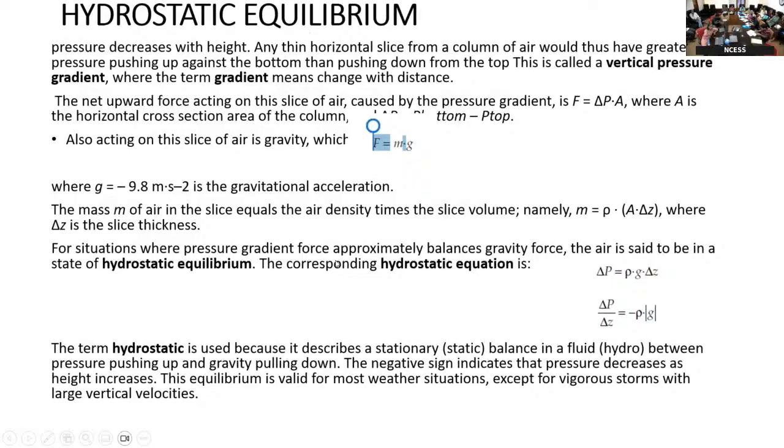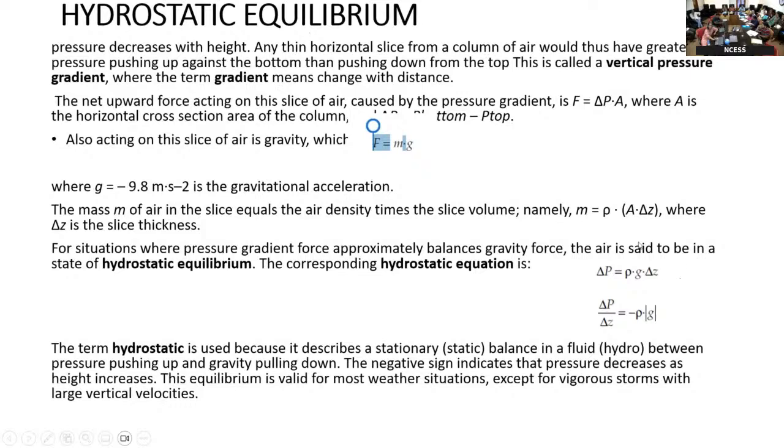If we consider a thin slice of air at a height, with the thickness of that air slice as delta z, then we can see the change in pressure, or the gradient of pressure, over that height. It basically defines the pressure gradient.